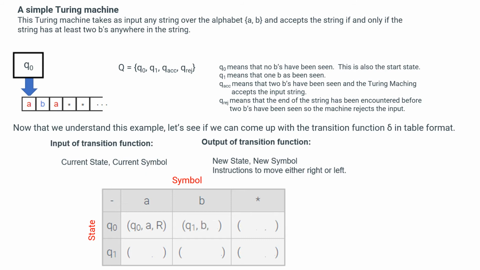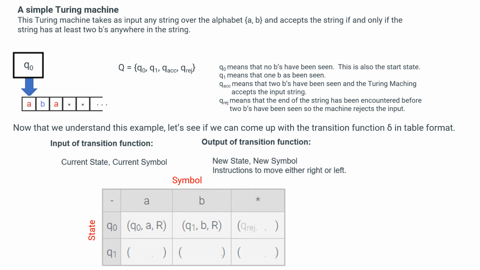I didn't show this head moving on my animation, but imagine that head moving over to the right there. So Q naught would be the state, but now we would be encountering a B. So that's when Q1 is going to come up. The original was Q naught, and we just encountered a B, so now that's Q1. Again, we don't change the symbol, but we move to the right again.